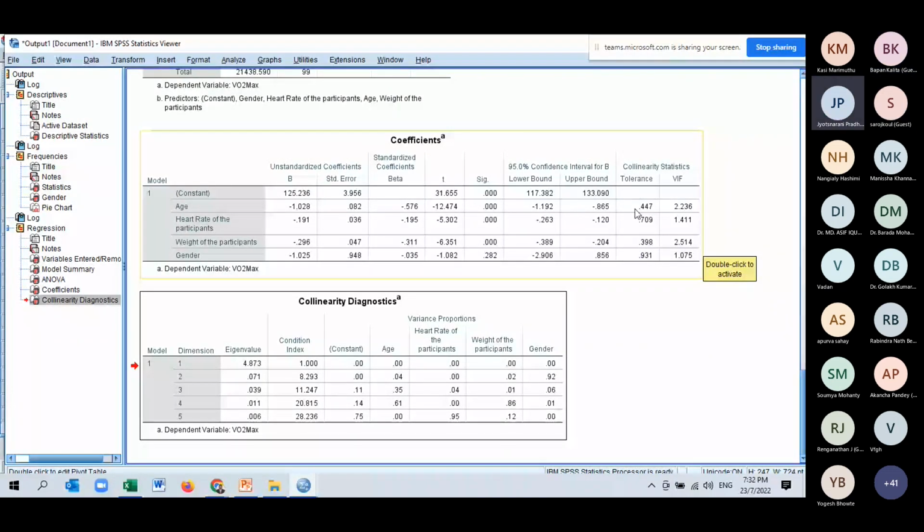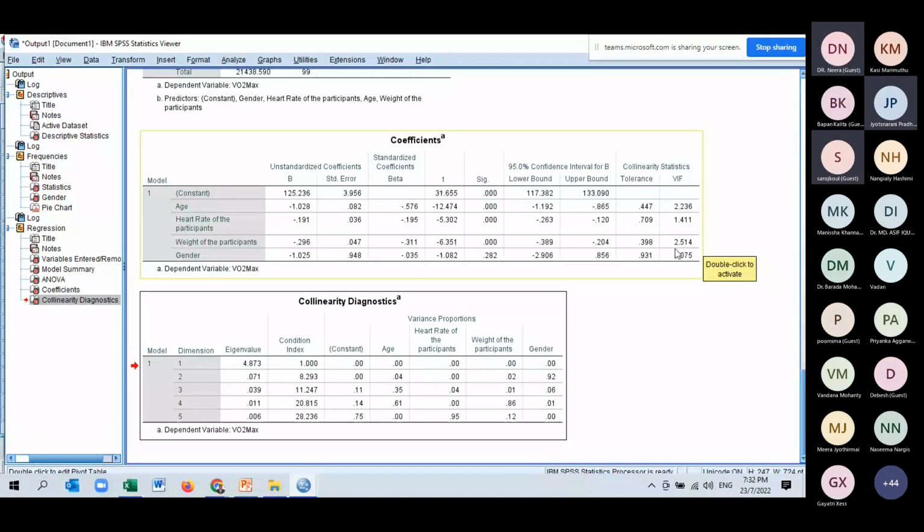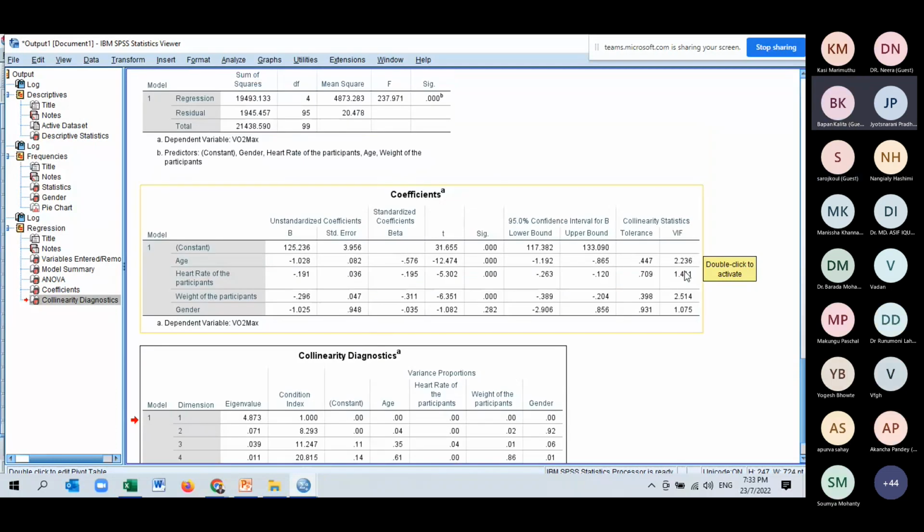Once again, the tolerance and variance inflation factor: when your independent variables are highly correlated, the variance inflation factor will be greater than 5. So with the cutoff point of variance inflation factor less than 5, we consider there is no multicollinearity issue. Your independent variables are not highly correlated with each other.